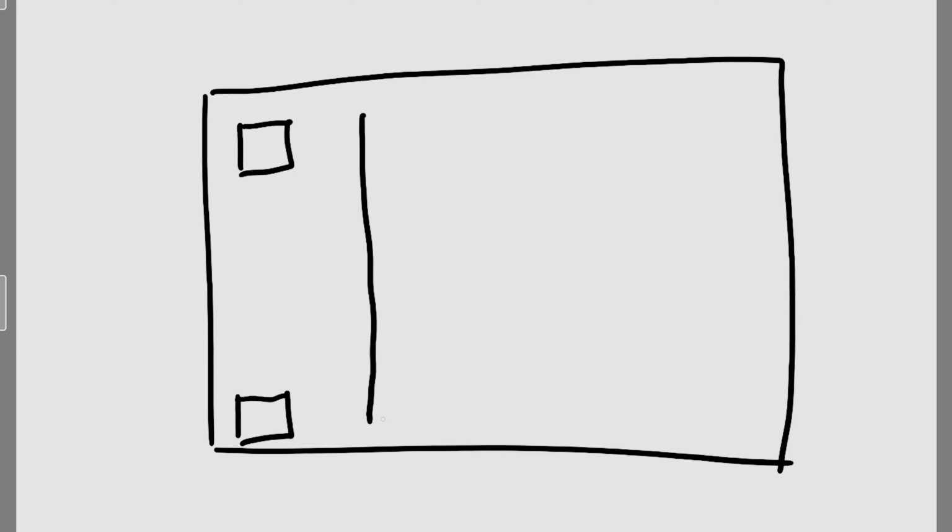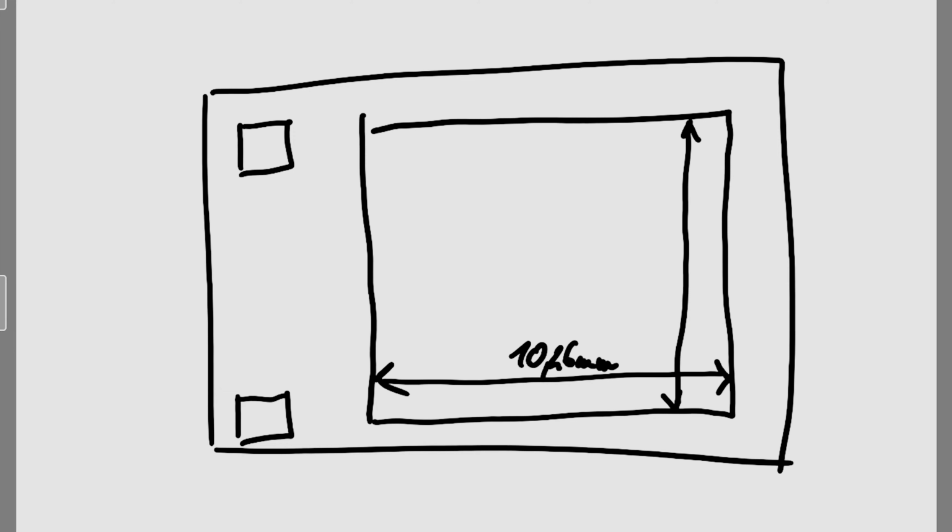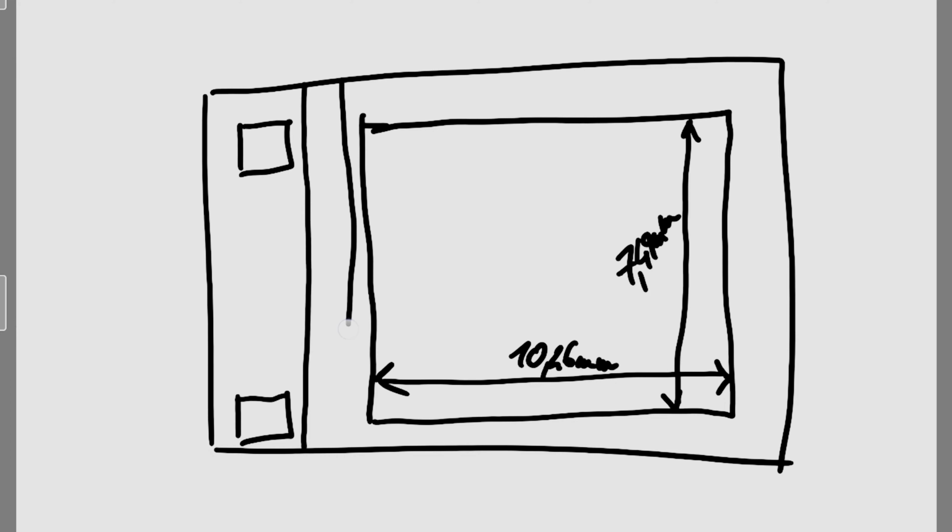Then you have the frame, which in standard 16mm film is 10.26 millimeters wide and 7.49 high. The difference is that in standard 16mm film, this space is reserved for an analog soundtrack.